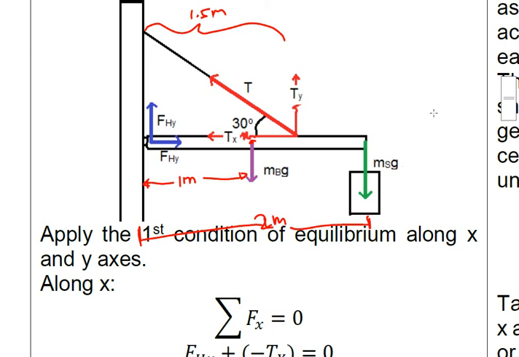The problem is quite complicated, but it takes practice to master this. For the first condition, we take into account the forces along x and along y. What are the forces along x? We have this one, FH. This should have been x.